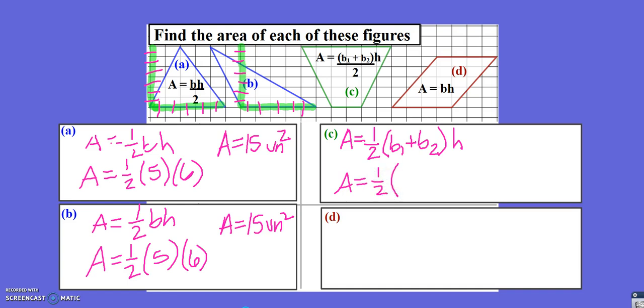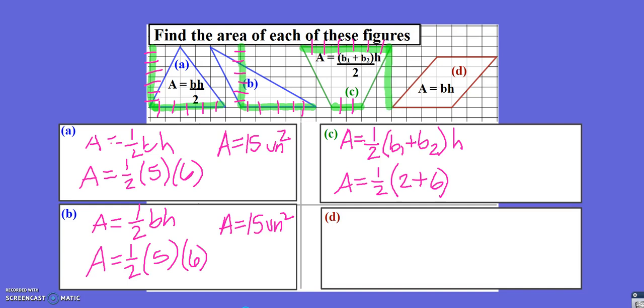We've got two bases. We're looking for the parallel sides. You can count those off. The short one is going to be 2 units long. We're going to add to that the other base, 1, 2, 3, 4, 5, 6. 6 units long. And then we want a perpendicular height.